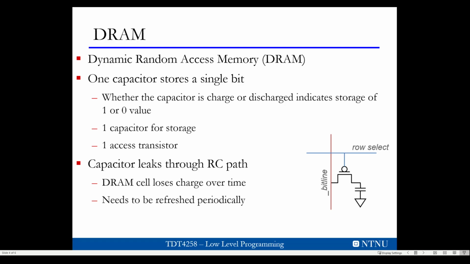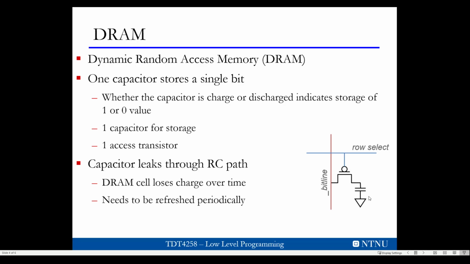To prevent this kind of loss, we need to refresh the capacitor periodically. How often we need to refresh it depends upon the RC delay, that means how quickly the charge stored in the capacitor disappears. So what does this refresh really mean? Periodically we come to check what is stored in the capacitors.